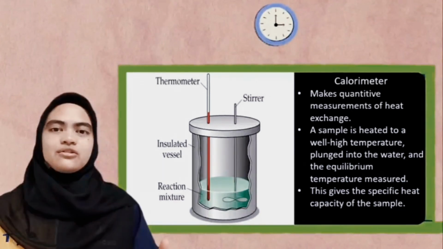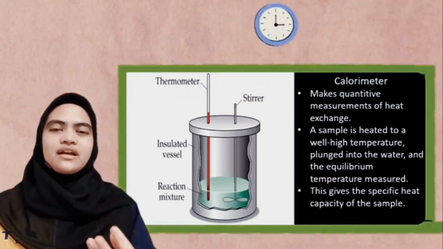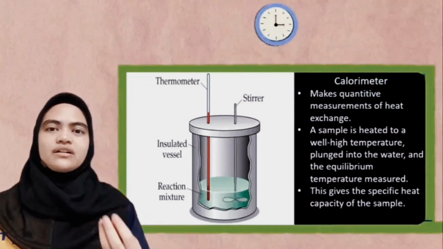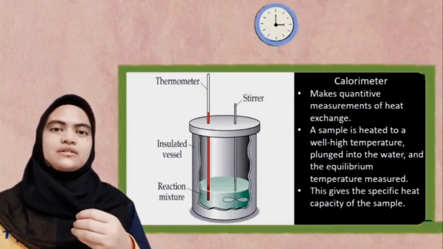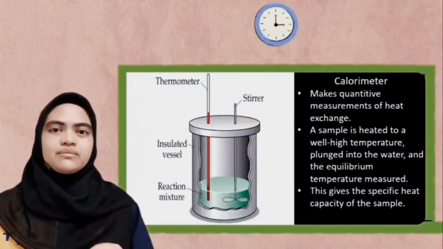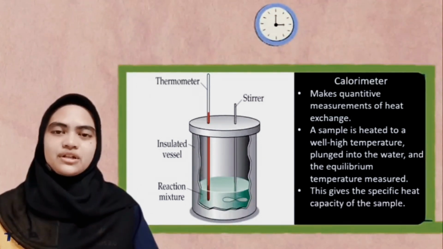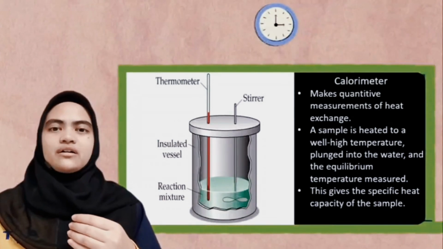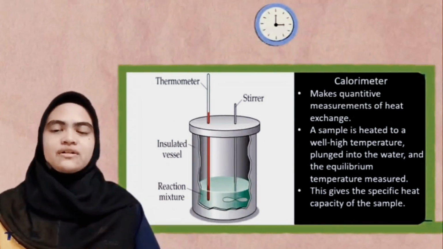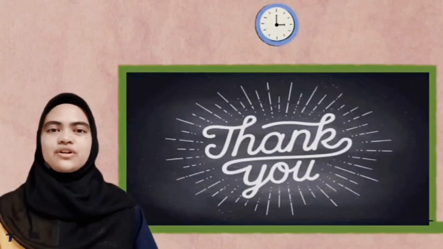Using a calorimeter, we can take a sample and heat it up to a high temperature, and afterwards it is immersed into the water of the calorimeter, and we measure the equilibrium temperature that we get from the calorimeter. So by using the calorimeter, we can identify the sample's specific heat capacity. So that is all from me for calorimetry. Thank you.